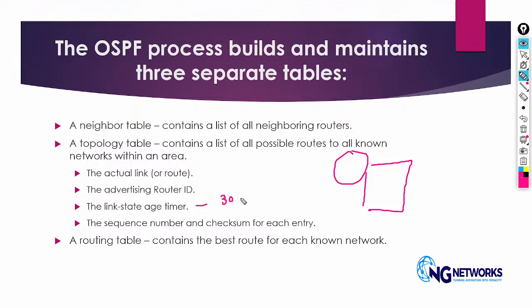By default it is 30 minutes, so every 30 minutes, the LSA will be refreshed. The sequence number and checksum for each entry. The sequence number determines the packet's number, and the checksum determines if there is any error in that particular packet. So these details are shown in the OSPF routing table.